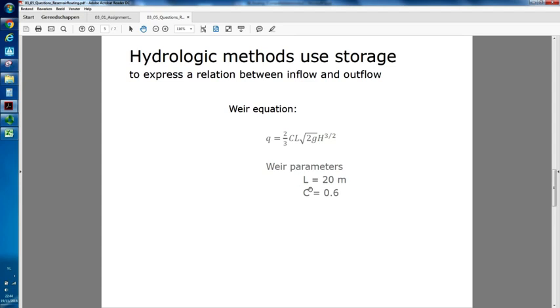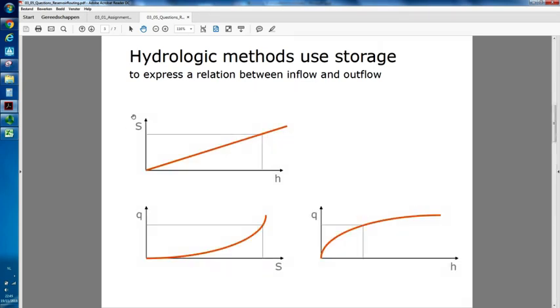The length is 20 meters, the discharge coefficient is 0.6, and based on the weir equation, we can calculate Q values also based on the H value. So we know S as a function of H and Q as a function of H.